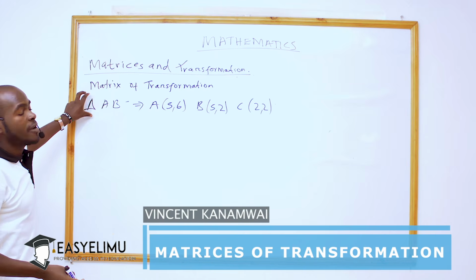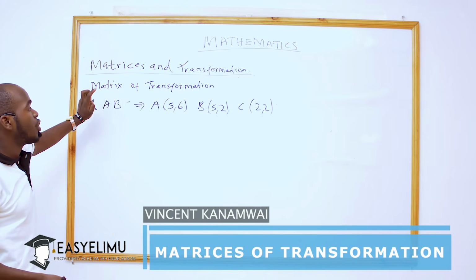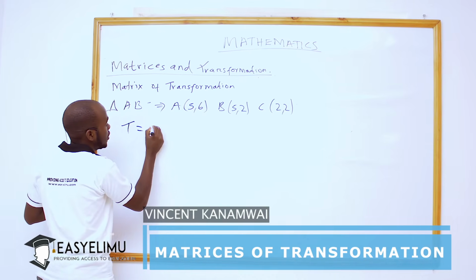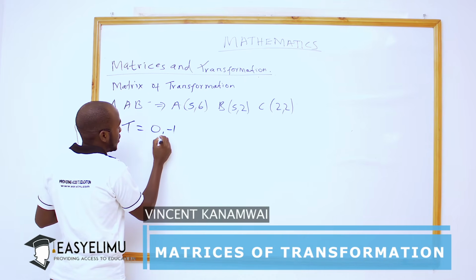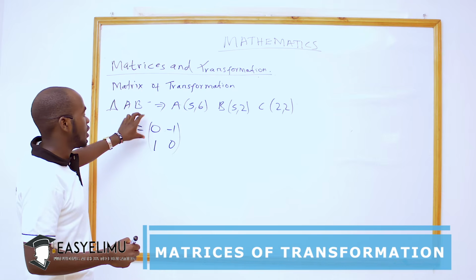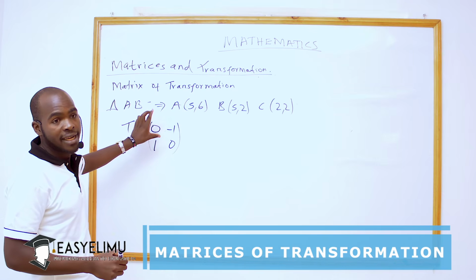Let's say you have been given this triangle and you have been told it is transformed through the matrix of a transformation 0, -1, 1, 0. If you subject this triangle to this matrix, you will find a certain image.